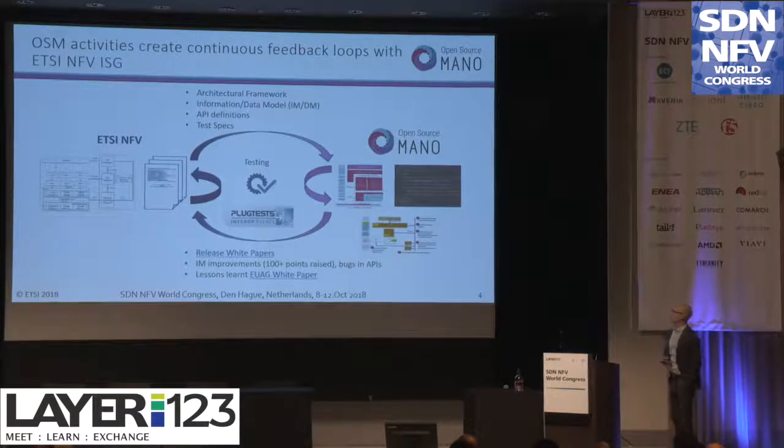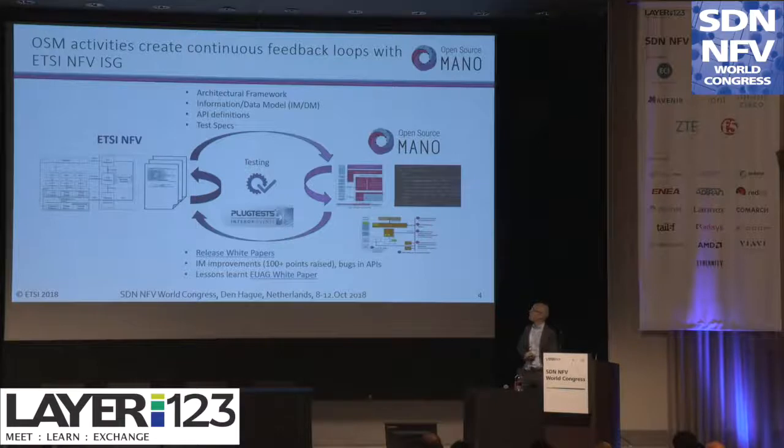And the way we work with ETSI NFV ISG is, ETSI NFV ISG is providing a lot of specifications and standard documents that we are consuming. So we are reading those, studying those, and those are extremely important for the work we do in OSM.